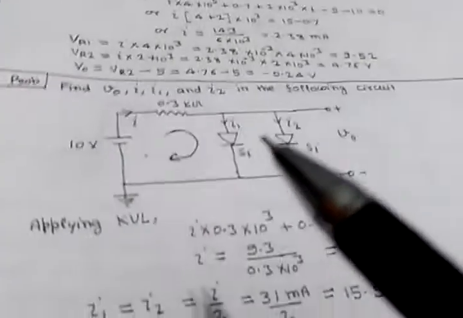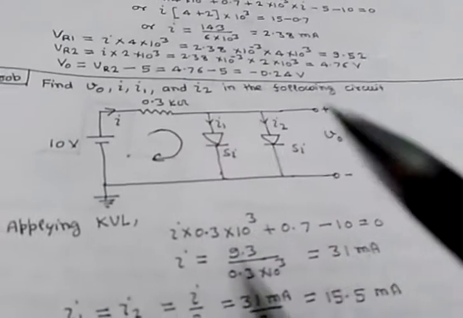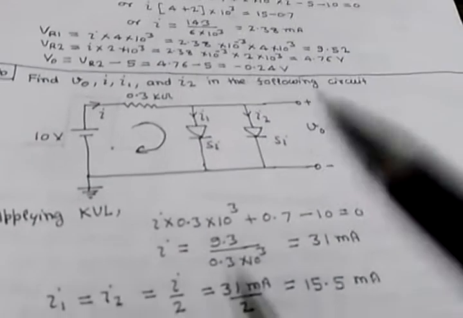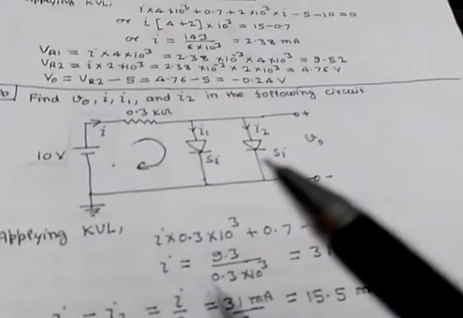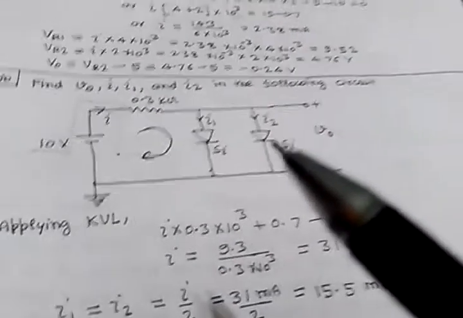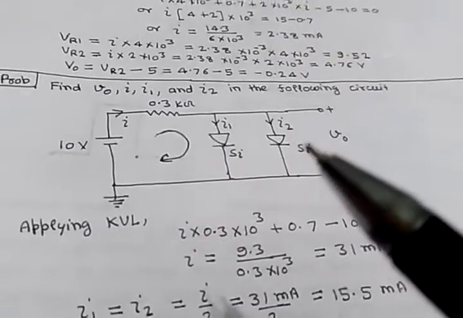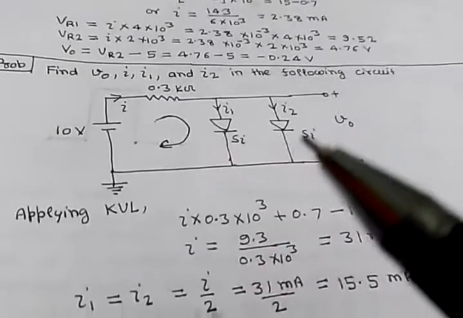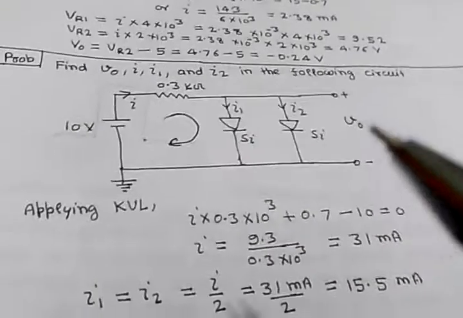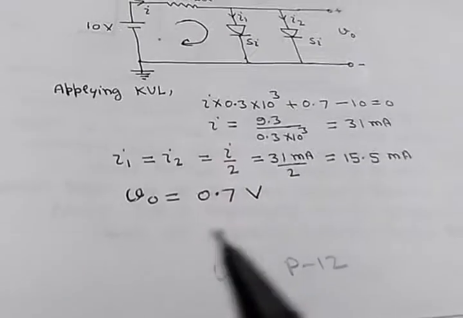We have to find VO. VO means, according to this circuit, VO will be the voltage across these diodes. And we already know when a silicon diode conducts, the voltage across it is taken as 0.7 volt. So we can write VO equals 0.7 volt.